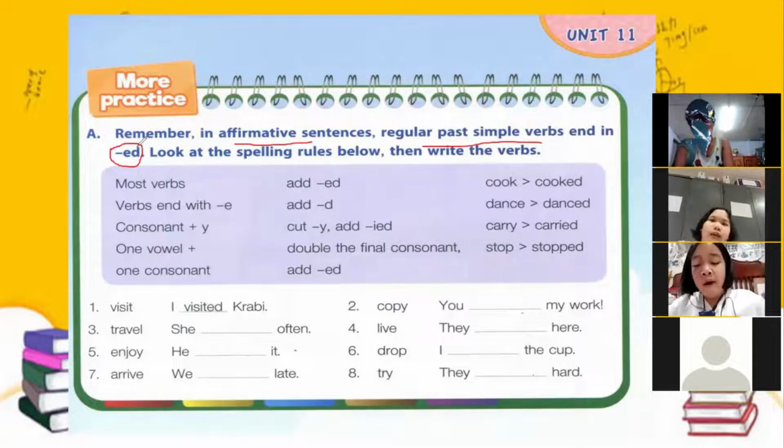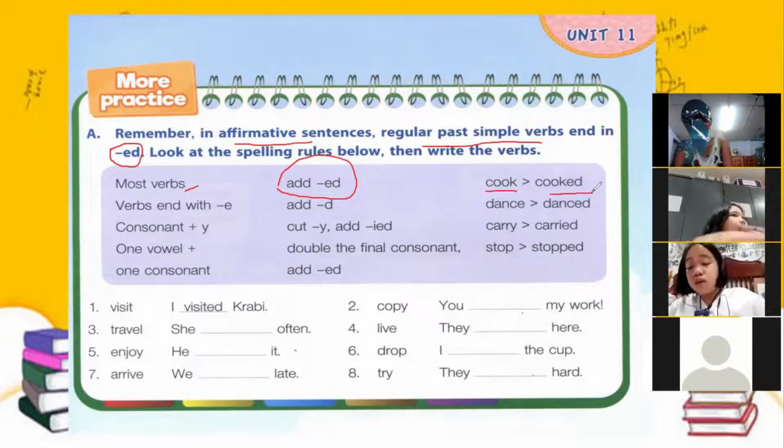And the spelling rules are here. So most of the verbs end in ed. For example, cook, cooked. We just add ed. Okay, most of the verbs.